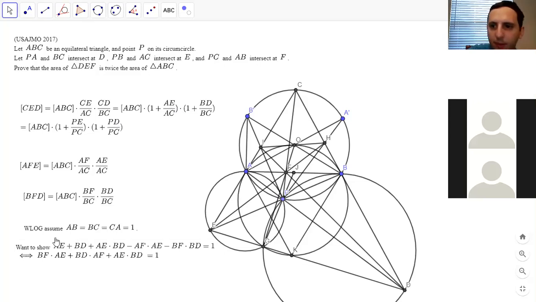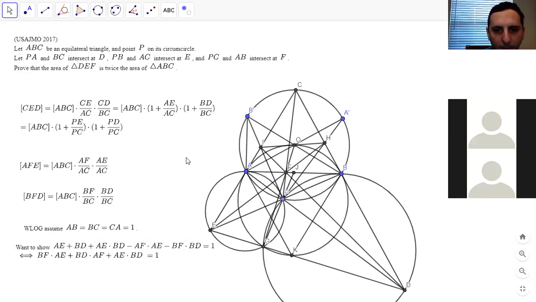We don't know AF and BF in terms of, oh, but I guess we could figure that out by similar triangles, right? So AF over BF is PA over PB. Oh, that's true. I didn't even realize that. Okay, so that's just the angle bisector theorem. But that's the ratio of the two.